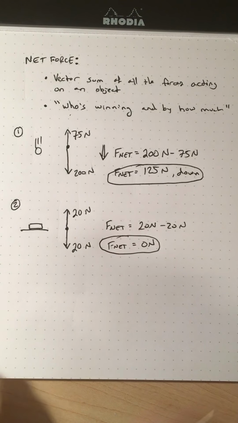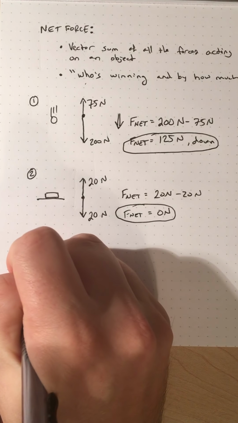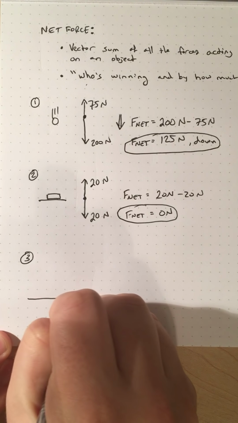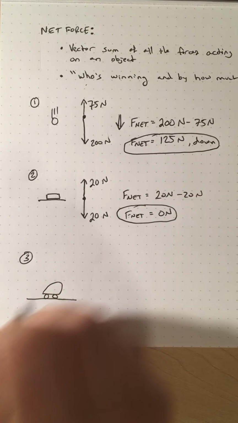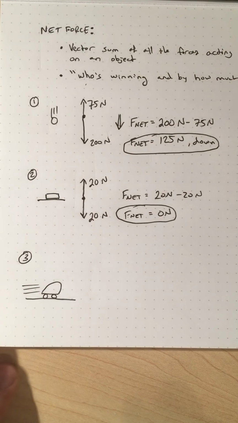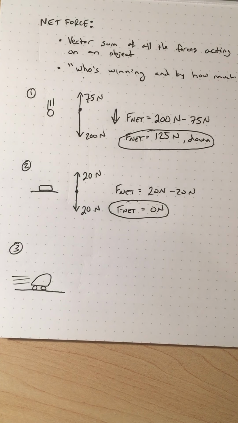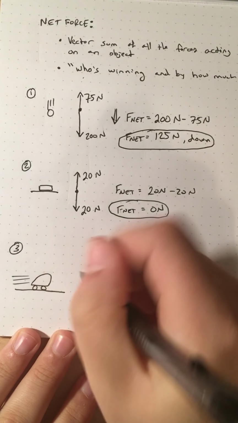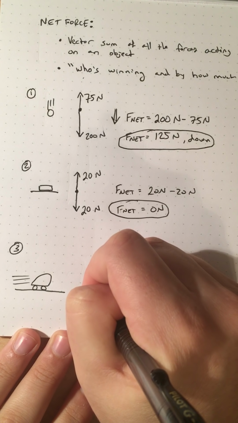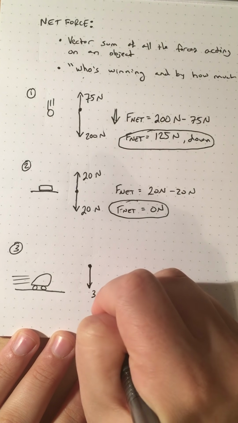All right, one more that just adds this to the next level. So imagine a car zooming down the interstate. So there's my car zooming down the interstate, and we're going to say that it's accelerating down the interstate. The problem would say, well, this car has a weight or a force of gravity of, let's say, 3,000 newtons.